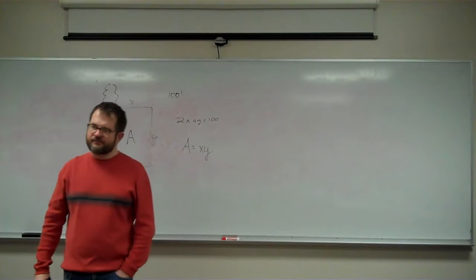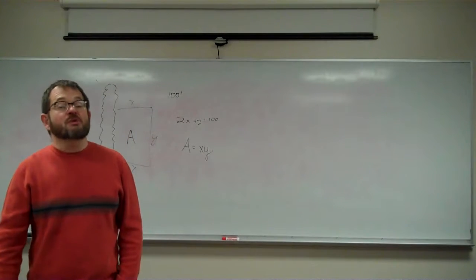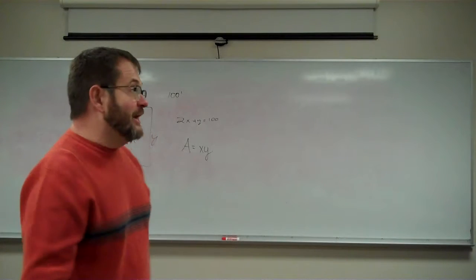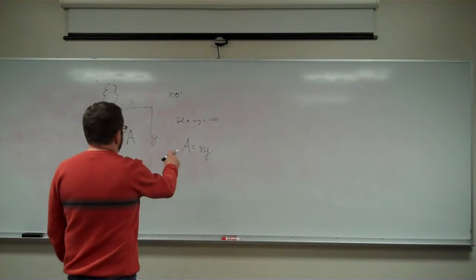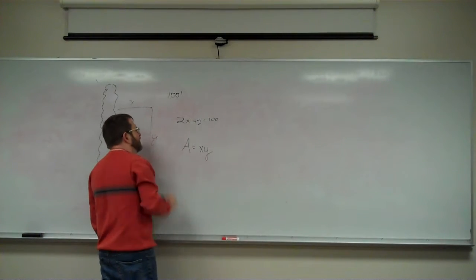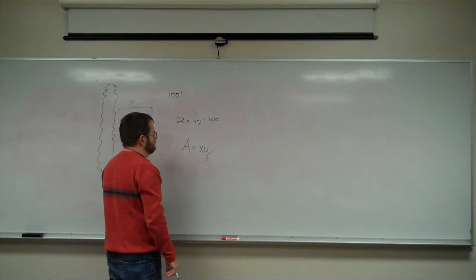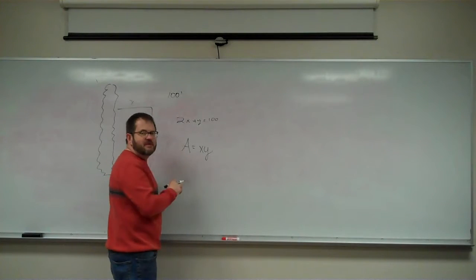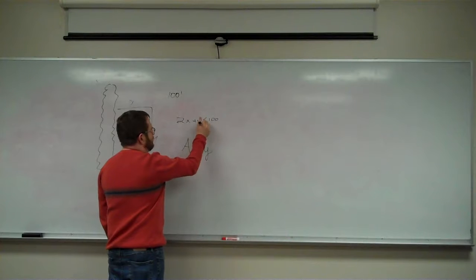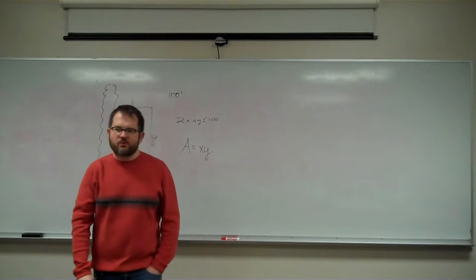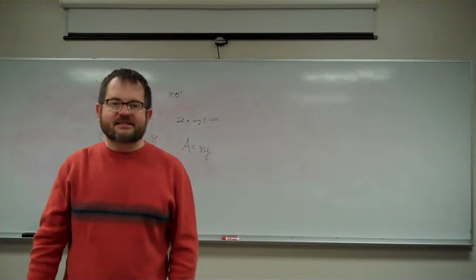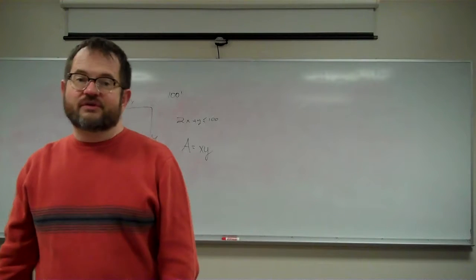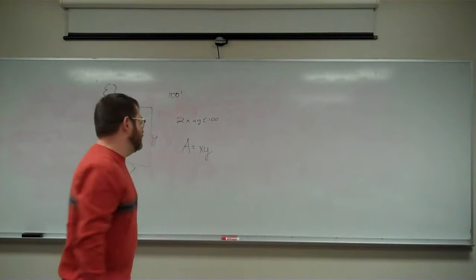That's not so big of a deal. But there are restraints on how long x and y can be. I mean, y plus 2x has to be 100. I guess strictly speaking, it has to be less than or equal to 100, but I think we can agree that we need to use up all the fencing to get the biggest area possible, so we don't have to go down that road, right? It's going to be equal to 100.